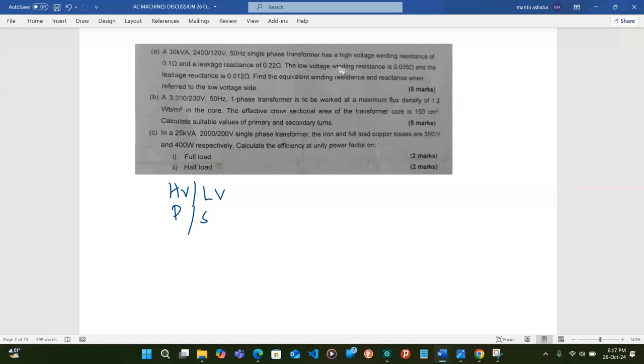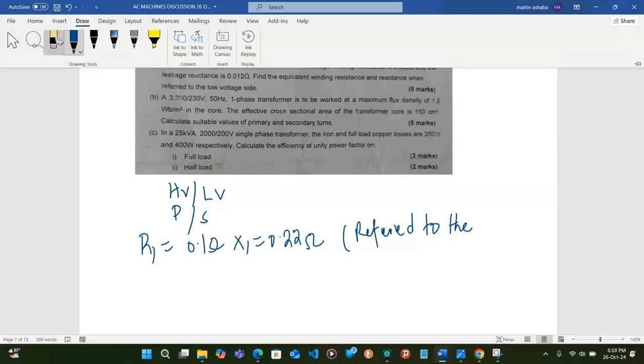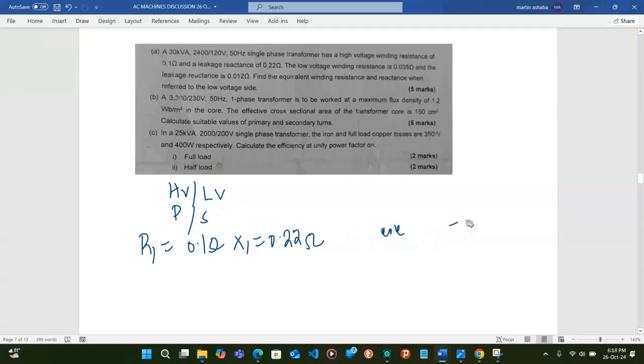If they are telling us that the high voltage winding resistance is 0.1 ohm, they are telling us that resistance R1 is 0.1 ohm and reactance X1 is equal to 0.22 ohms. So we are talking about it in reference to the primary.